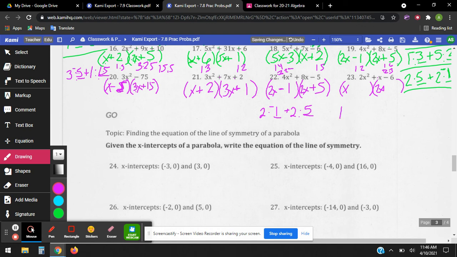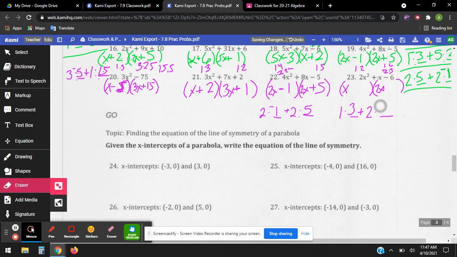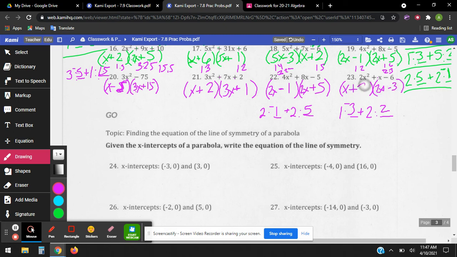So if I do 1 times 3 and 2 times 2, because 3 times 2 is 6, and I make this one negative, it's 4 minus 3. So 1 times negative 3, 2 times 2. Opposite. So they add. We did it.